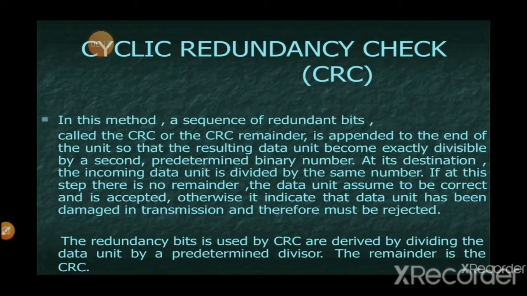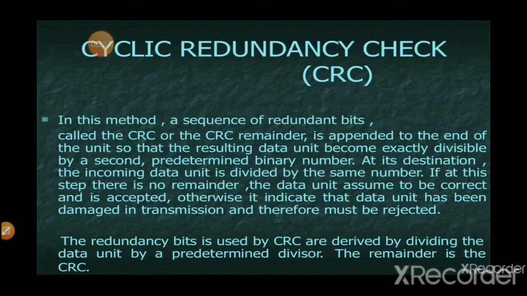At its destination, the incoming data unit is divided by the same number. If at this step there is no remainder, the data unit is assumed to be correct and is accepted. Otherwise, it indicates the data unit has been damaged in transmission and therefore must be rejected.